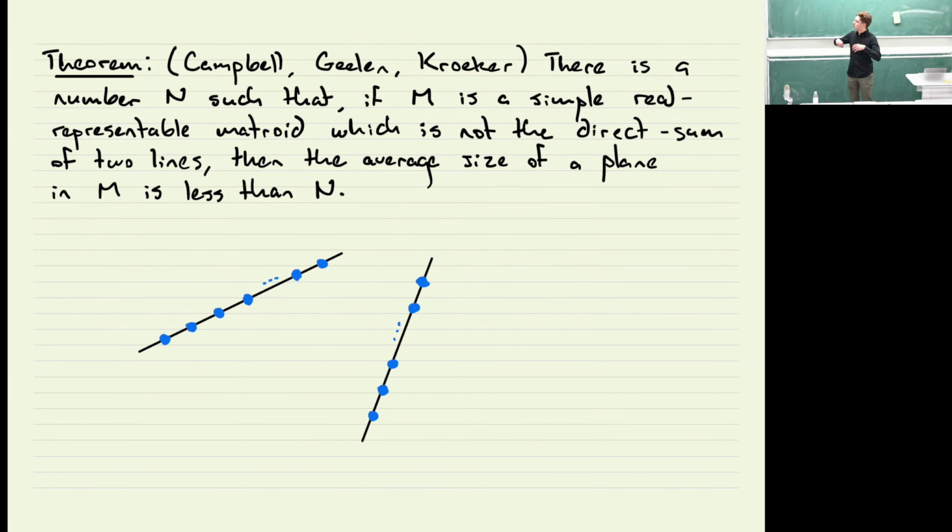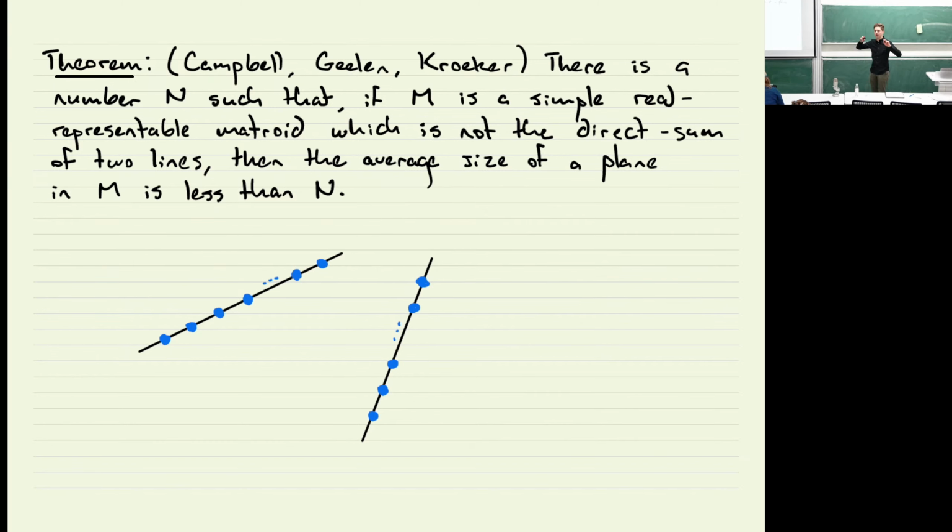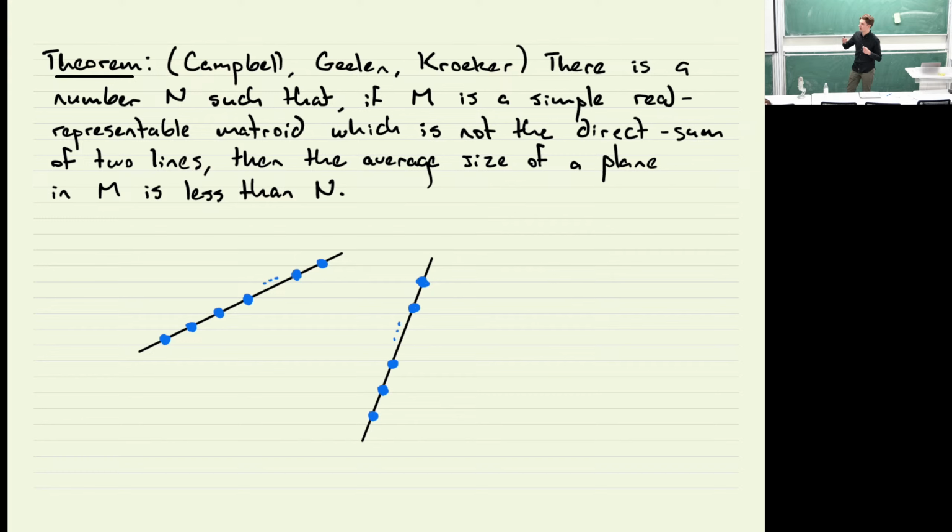But yeah, just talking about representability, for example, what our theorem is saying geometrically is that there's this number n such that if I give you any arrangement of finitely many points in real space, so long as that set of points isn't all sitting in a plane or in the union of two lines, then the average number of points in a spanned plane is less than n.